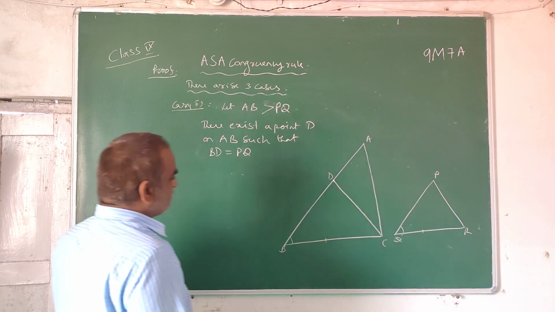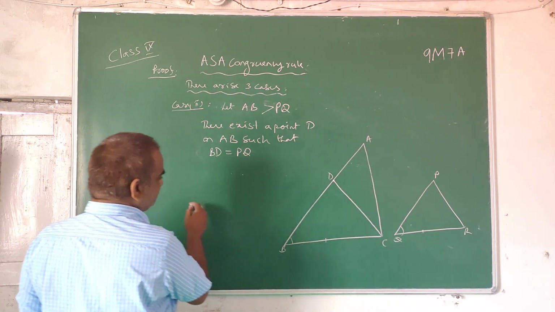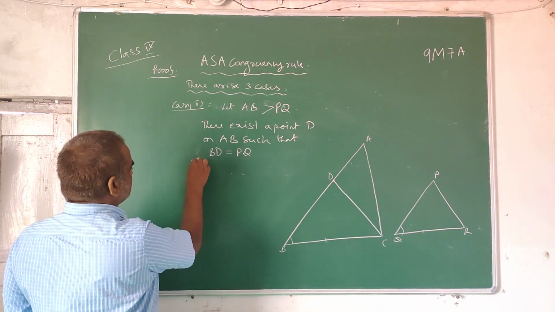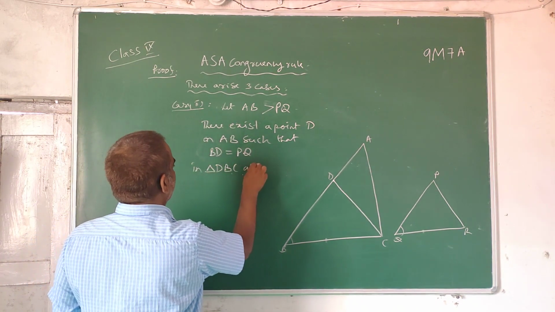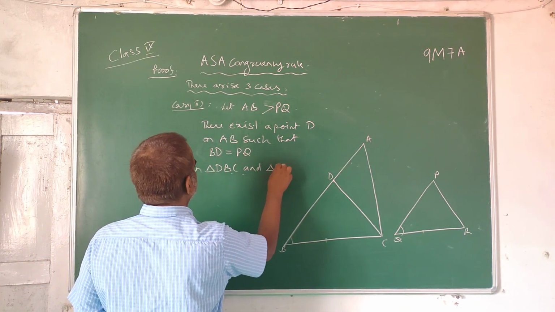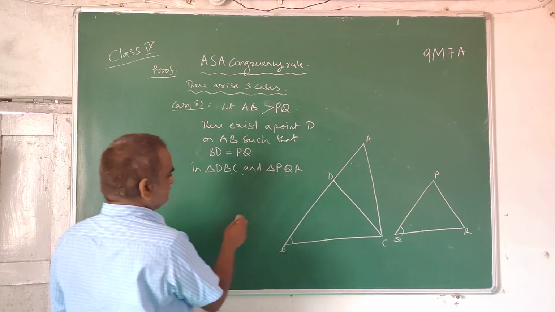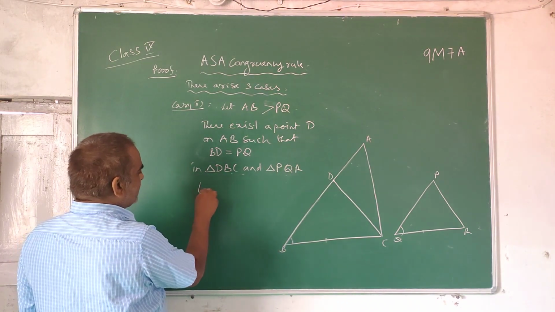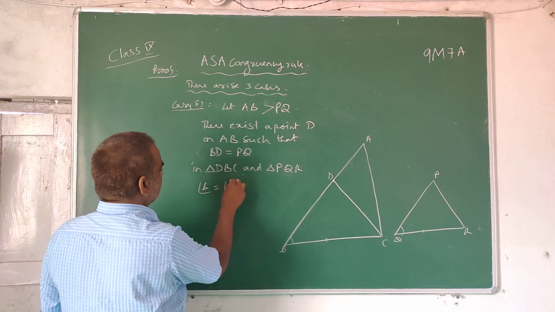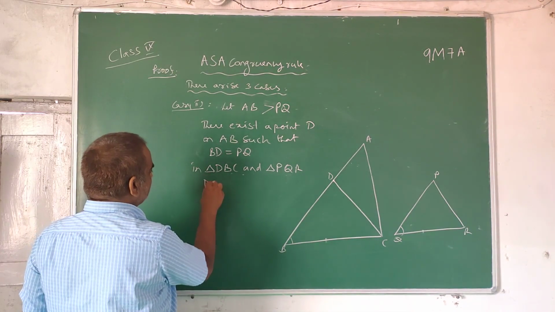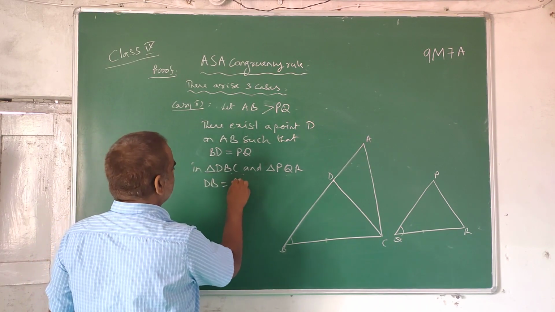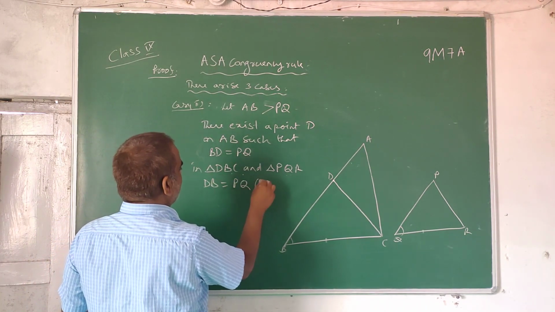Obvious. Now let us take these two triangles DBC and PQR. Now in triangle DBC and in triangle PQR, angle B is equal to angle Q by given, and DB is equal to PQ by our assumption.